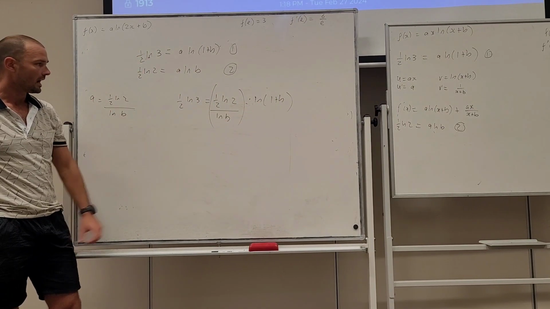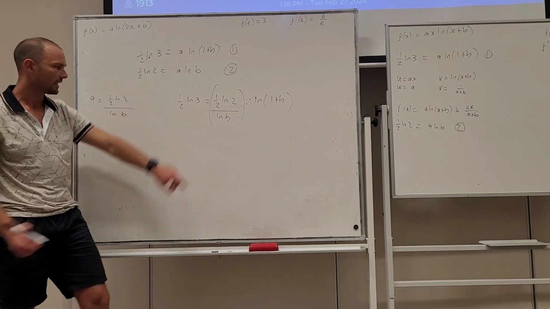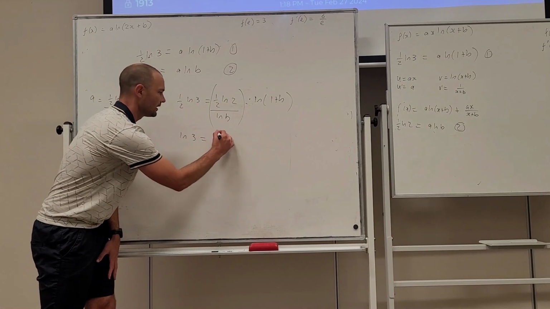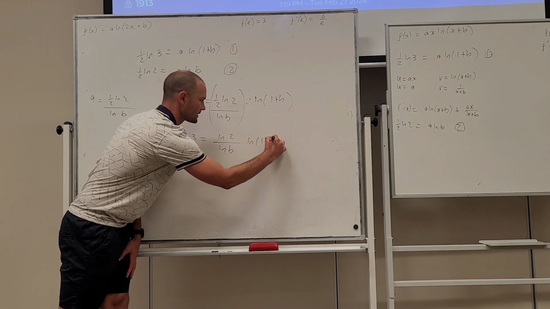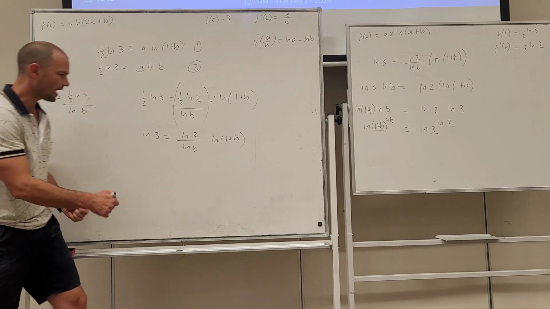Okay, so I've got half on both sides, so I can cancel that. So we've got ln 3 equals ln 2 on ln B multiplied by ln of 1 plus B. Got rid of the half.